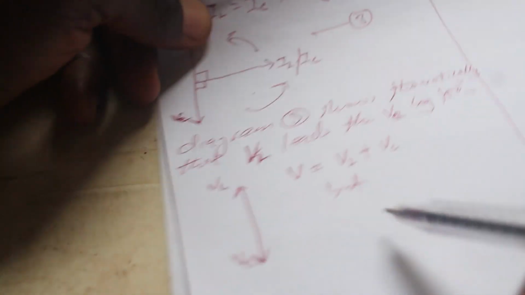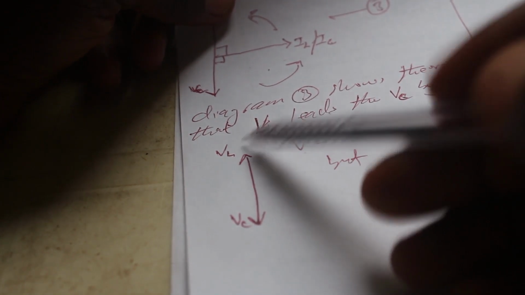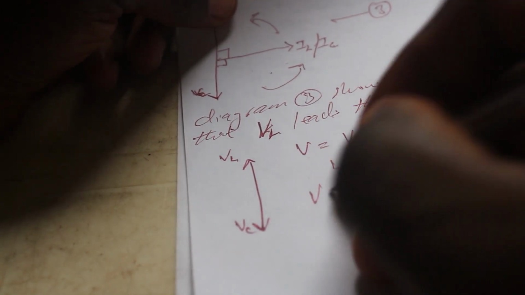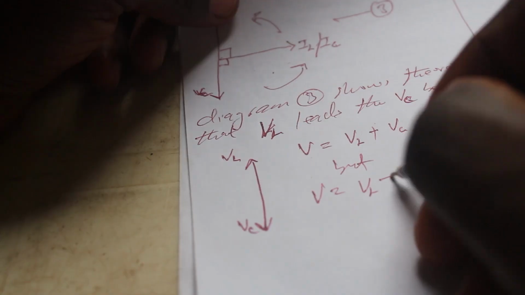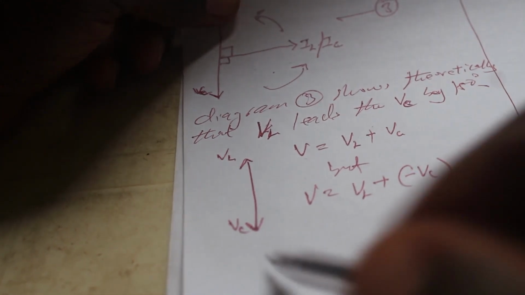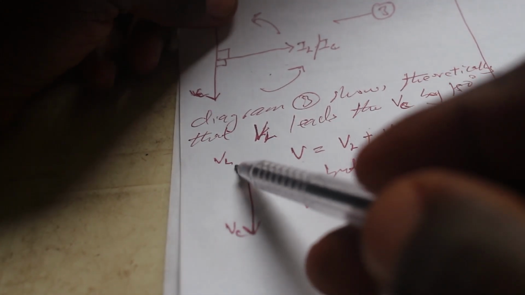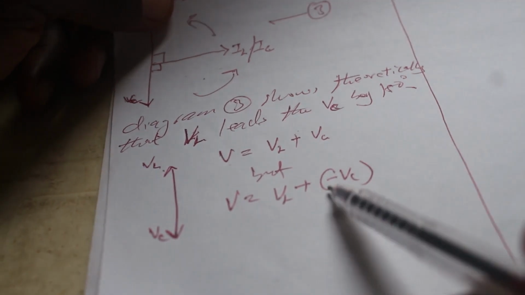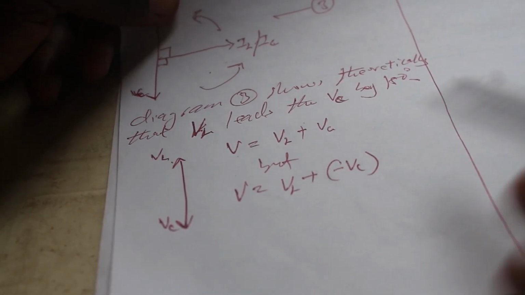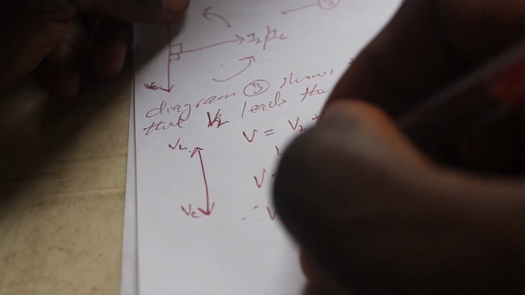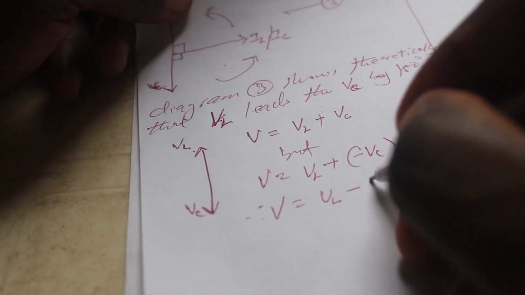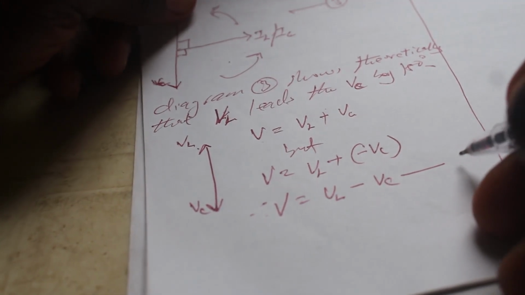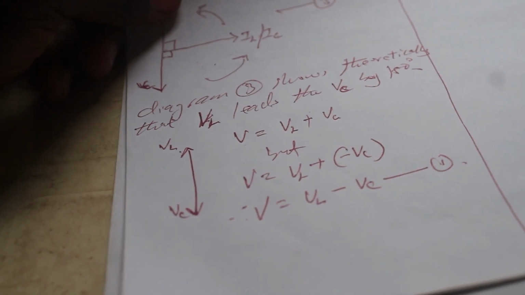But you can see that VC is oppositely directed to VL, which means it carries a negative sign, plus or minus VC. When you multiply these two signs, you get, therefore, V is equal to VL minus VC. We call this equation 1.